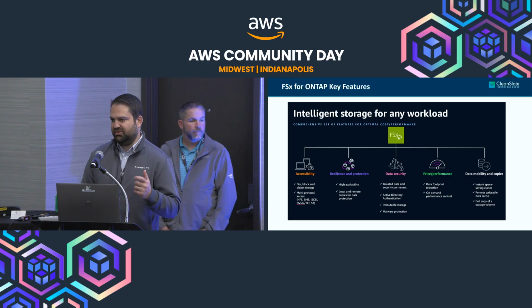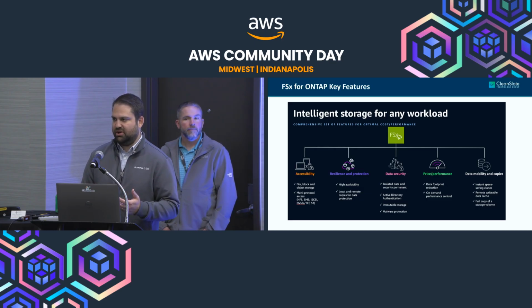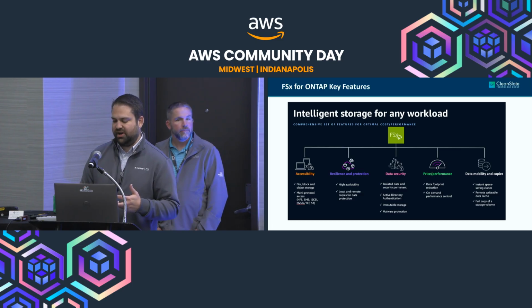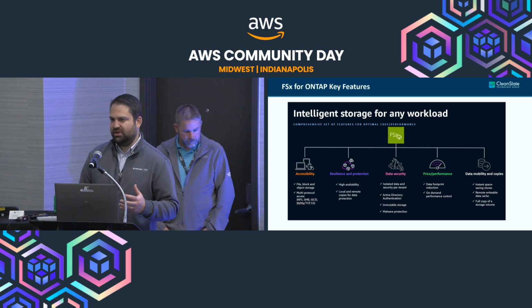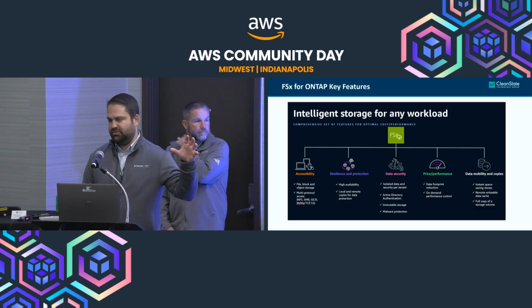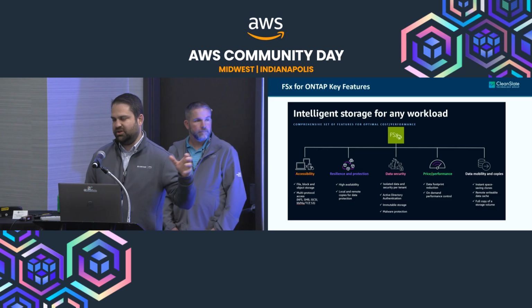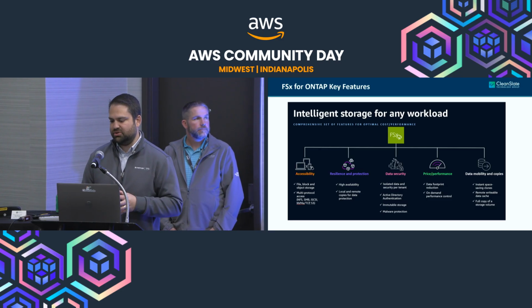That's built into the system at no additional charge, right? So between compliant copies, autonomous ransomware protection, and the ability to integrate with Sophos, Trend Micro, and Darktrace from a scan perspective on files, you ultimately have a quite robust data security aspect to your environment. If you think about it, you have perimeter with traditional firewalling companies or AWS tools, but at some point you want to protect your data layer too, right? That's all built in at no additional charge.